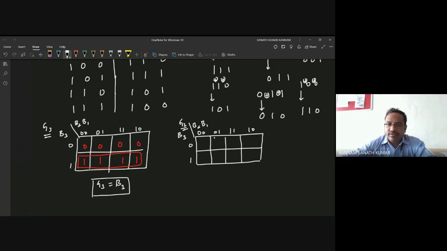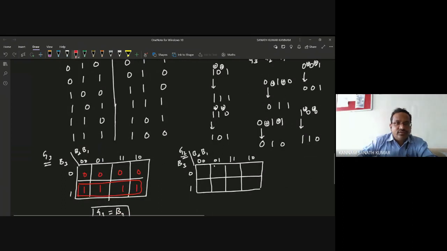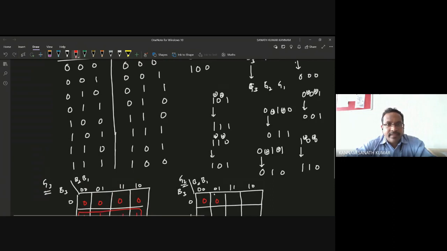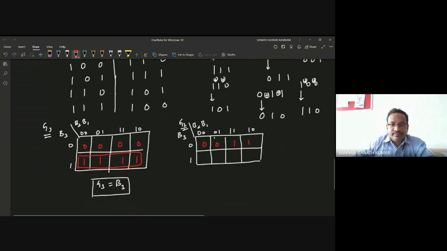If you see the truth table, first 0 0, and next 1 1, and next 1 1, 1 1, and 0 0. So this makes one pair, and this makes one pair.